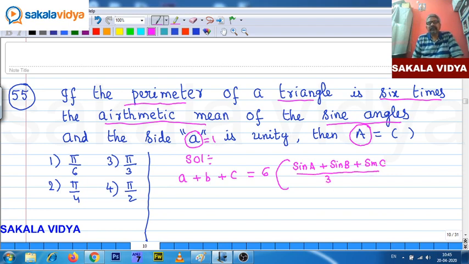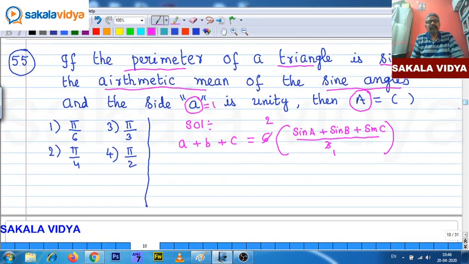The arithmetic mean of any three numbers is the sum of the observations by the number of observations, sin A plus sin B plus sin C by 3. That's correct. So now what we need to do? The 3 cancels with the 6, leaving 2. Now apply the sine rule.